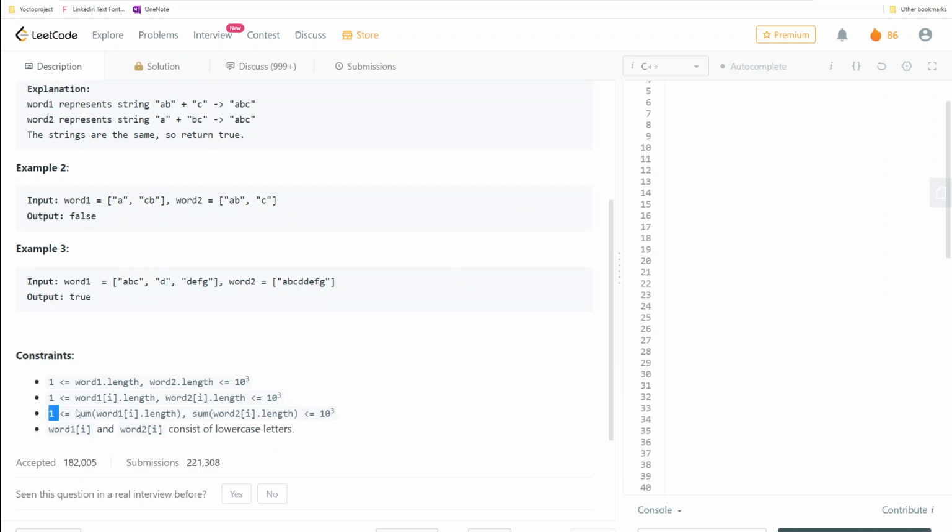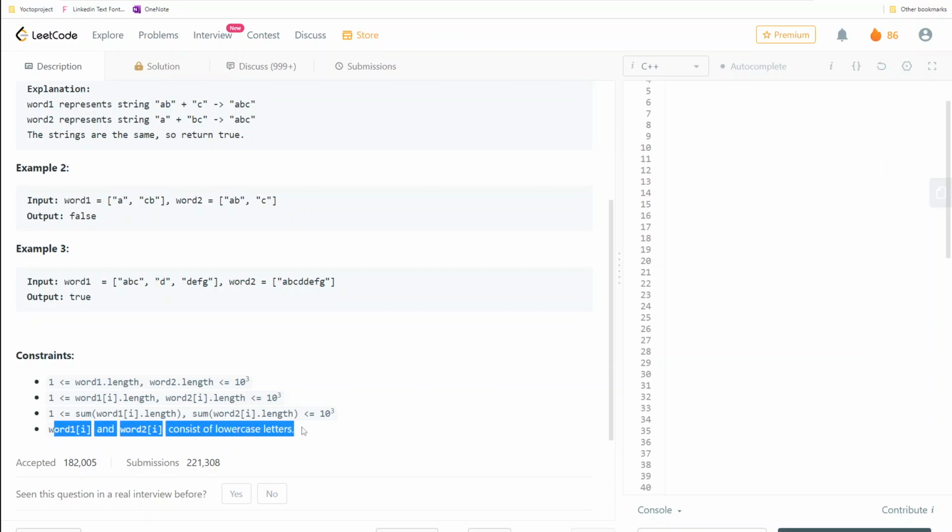And then the sum of all this will also be up to 10 raised to power 3 only. Yeah, so even if it goes till 10 raised to power 3, the others won't go up to 10 raised to power 4. They will remain at 10 raised to power 3 only. So that's why it makes it feasible for a solution of order n square.